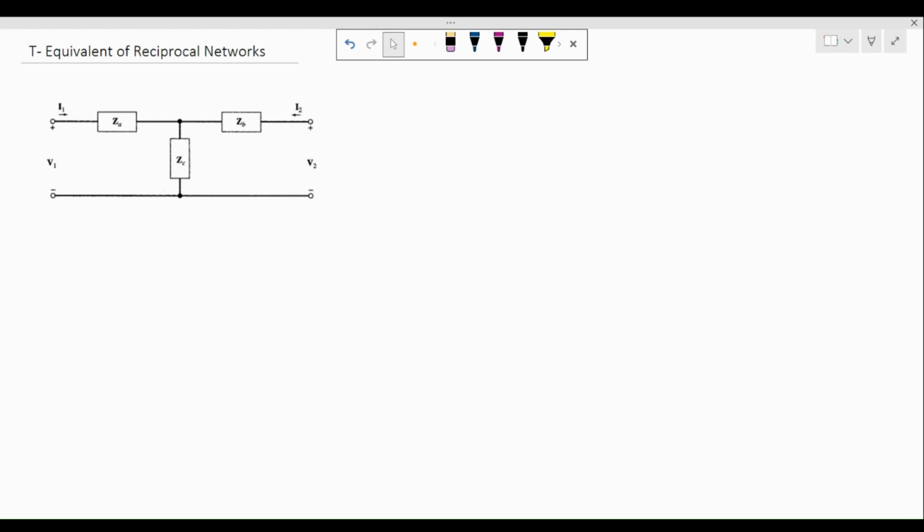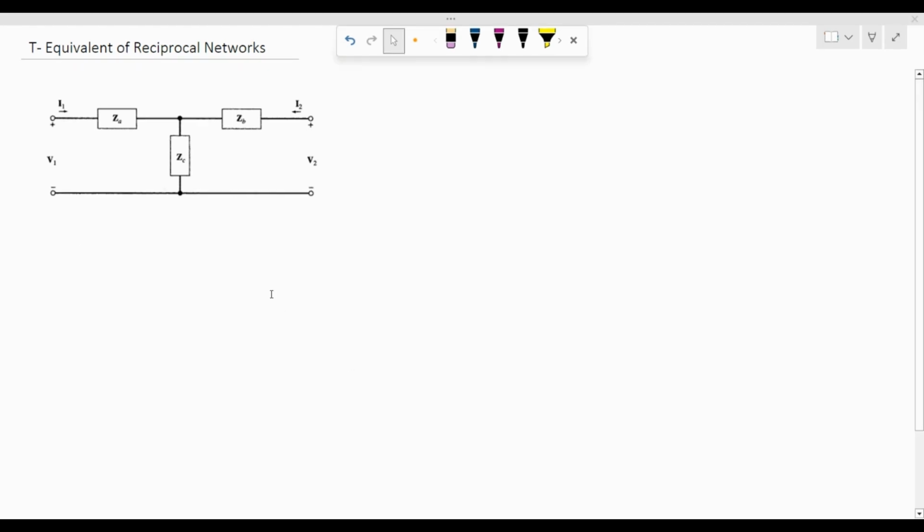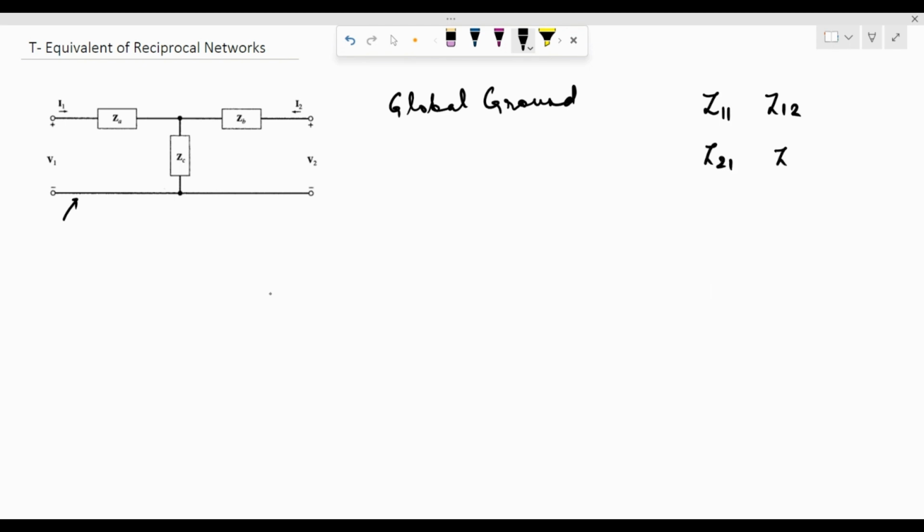This kind of representation is also called the global ground based representation, because we have a global ground available over here. Now, the other type of representation involves the Z parameters, which we've already discussed: Z11, Z12, Z21 and Z22, which form the Z matrix.